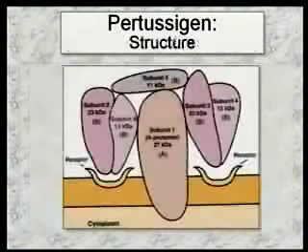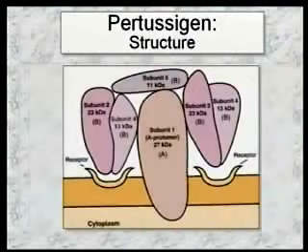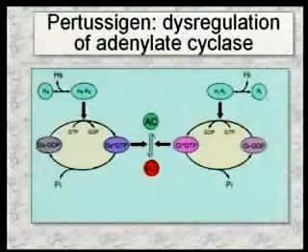And if one looks at the mechanism, here is the structure. It consists of 5 different chains. 4 of them are involved in attachment to the cell surface, and the active unit, subunit 1, is internalized, and it interferes with adenylate cyclase control.